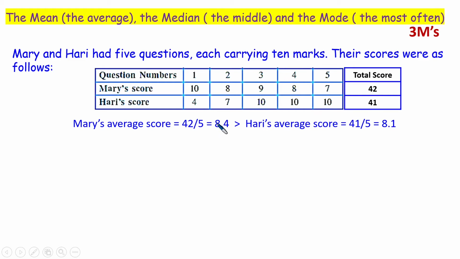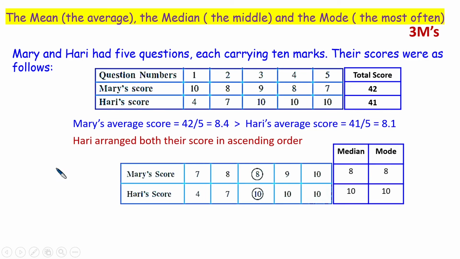So now you will say, okay, Mary has scored better, but it may not be true. What Hari did is he said no, it may not be true. So Hari arranged both their scores in ascending order. Then he says, my median is the middle one. This is the middle data. Suppose if it is an odd number, you have 2 here, but if there are even numbers, then you take the middle two and divide by 2, so that will be your median.